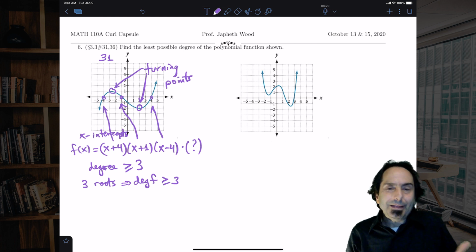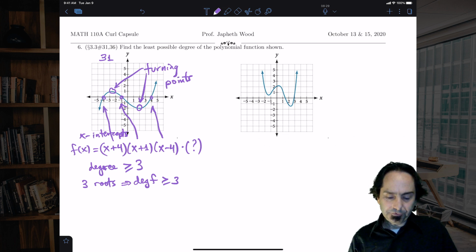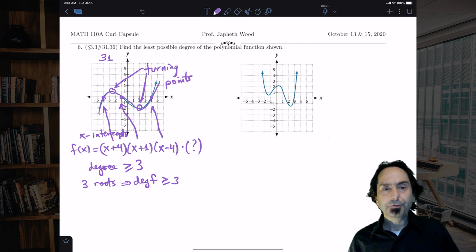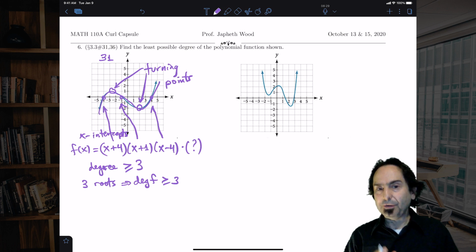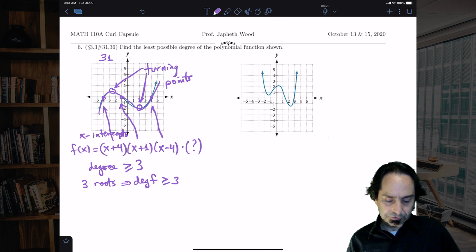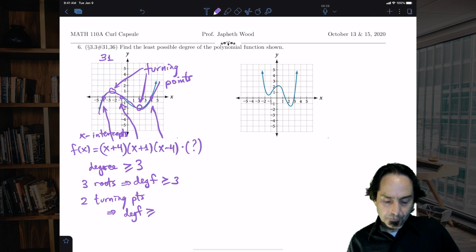And a turning point, it's an easy idea. The function is going up, and then it turns around and goes down, and then it goes back up again. So the behavior changes. It's increasing and then decreasing, or decreasing then increasing, and that's called a turning point. If we count the number of turning points, 2 turning points, what that means is that the degree of the function must be at least 1 more than the number of turning points.